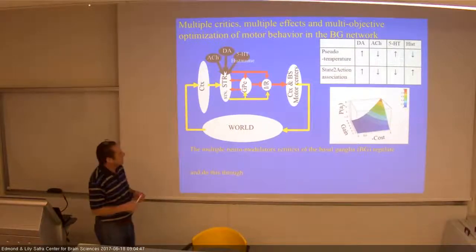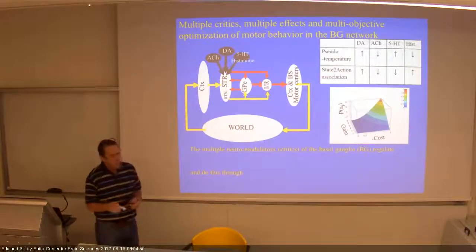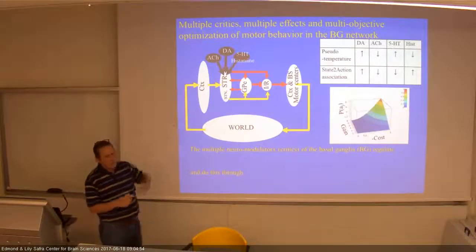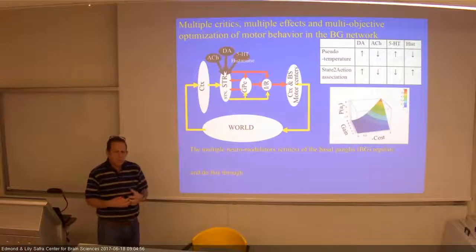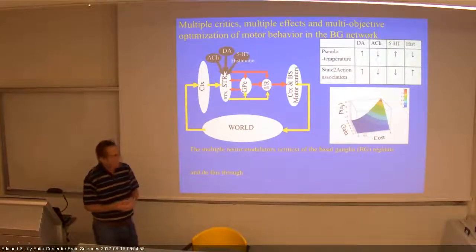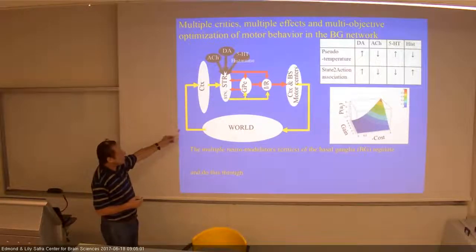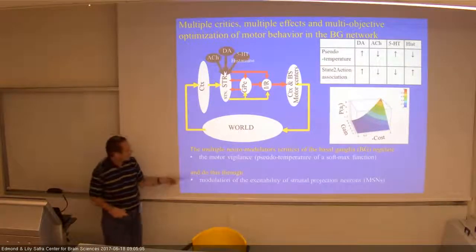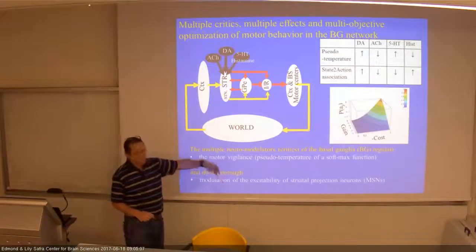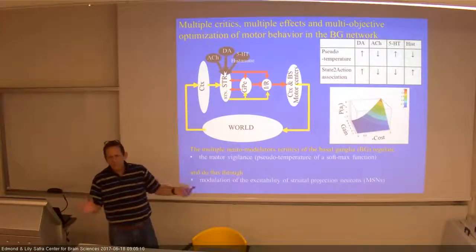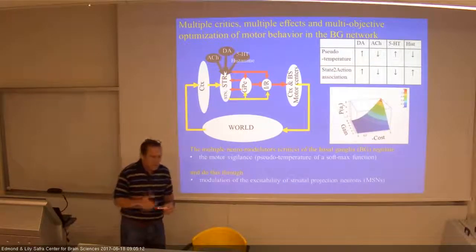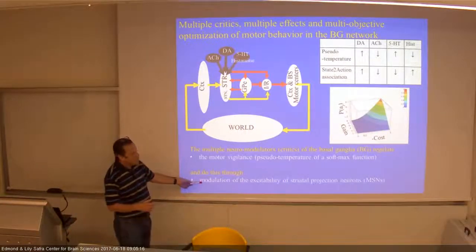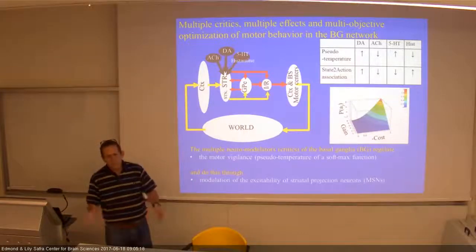And the main message that our current model of the basal ganglia is trying to give is that the basal ganglia teacher, and in a moment I will come to the fact that there is more than just the dopaminergic teacher, but the basal ganglia teachers actually affect, first of all, the motor vigilance or the pseudo-temperature of the softmax function, for those of you that know what the softmax function is, and they do it by the modulation of the excitability of the medium spiny neuron.